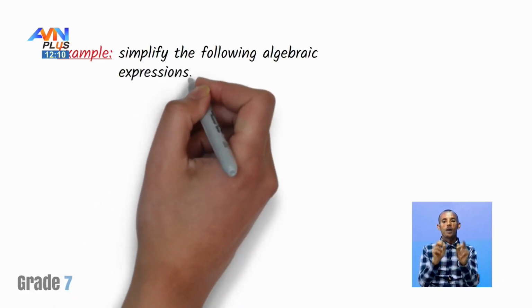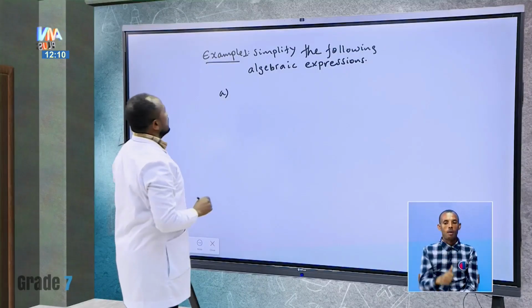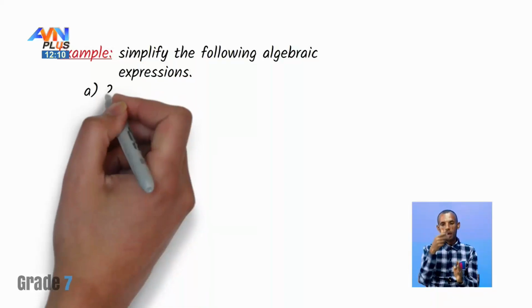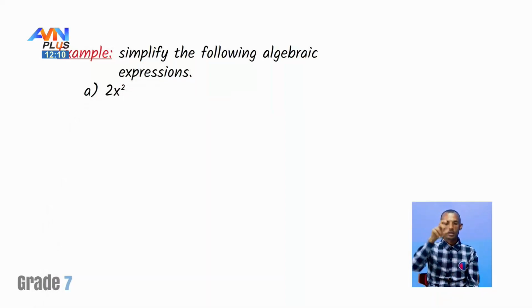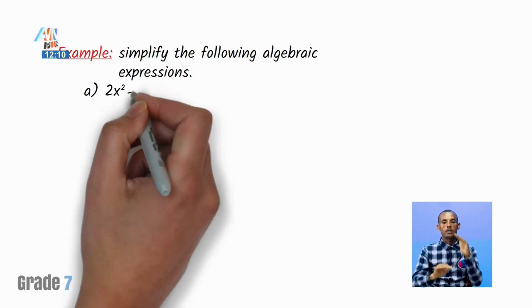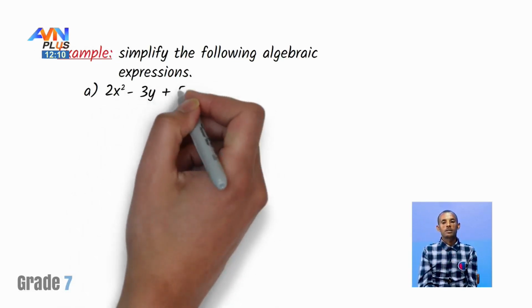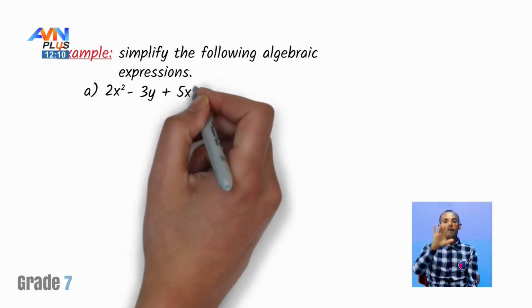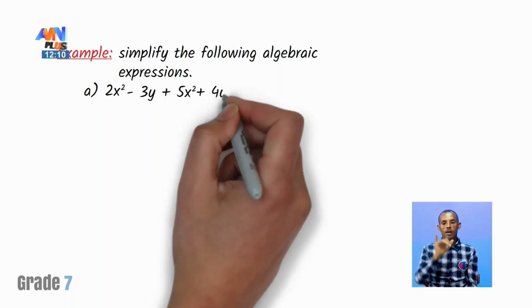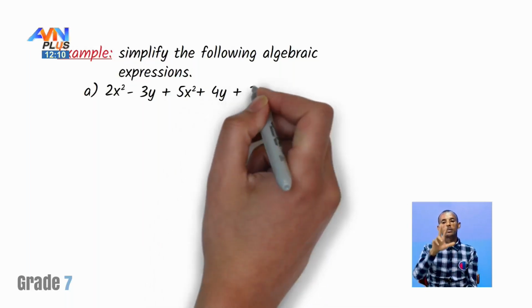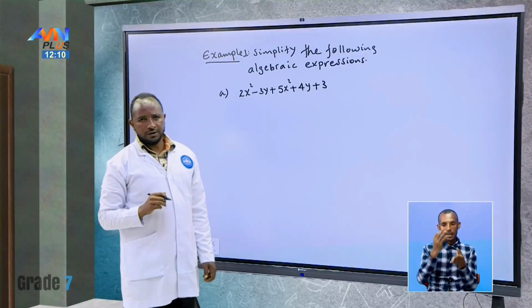Okay, let's try this first example, A: 2x squared minus 3y plus 5x squared plus 4y plus 3. Let's simplify this algebraic expression together.